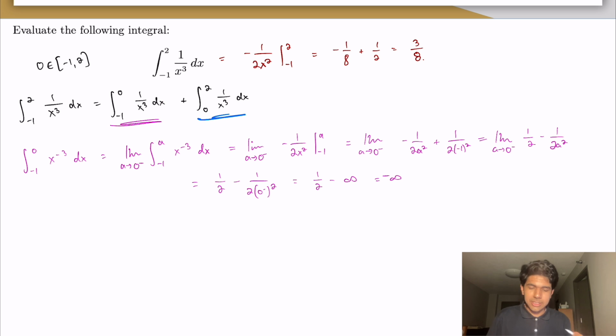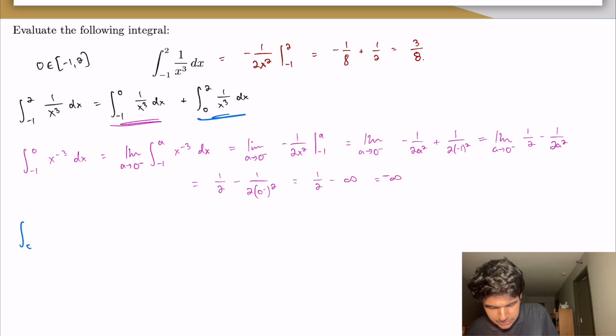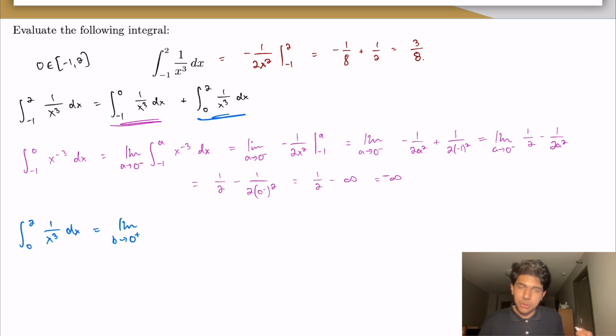But just for the sake of practice, let's solve for the other integral as well. So the other integral from 0 to 2 of 1 over x cubed dx is going to be the limit, as we'll call it b this time, as b approaches 0 from the right-hand side of the integral from b to 2, x to the -3rd dx.